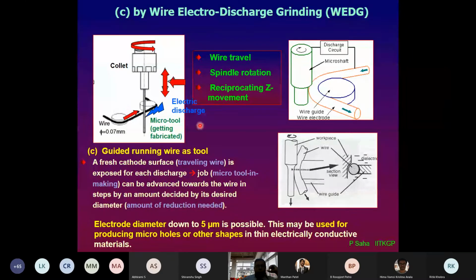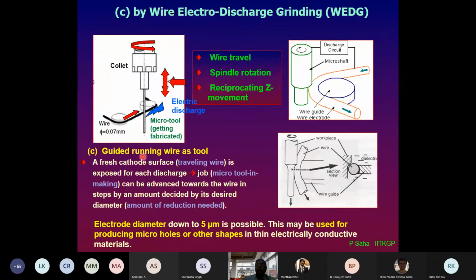After you remove the shaft a little bit, the job, meaning the micro shaft, can be advanced towards the wire in steps by an amount decided by the desired diameter. Say from 1 millimeter I am making a step down to 500 micron.